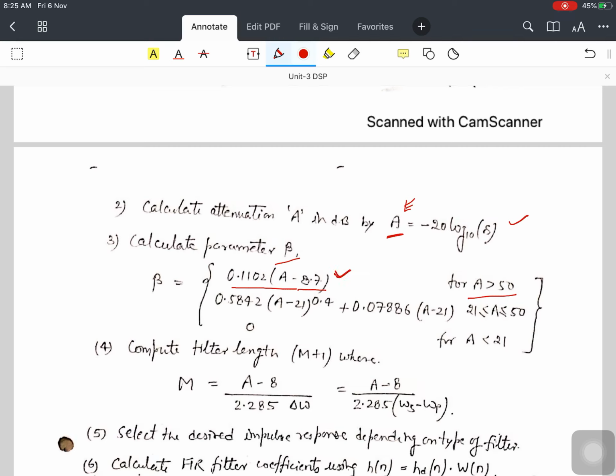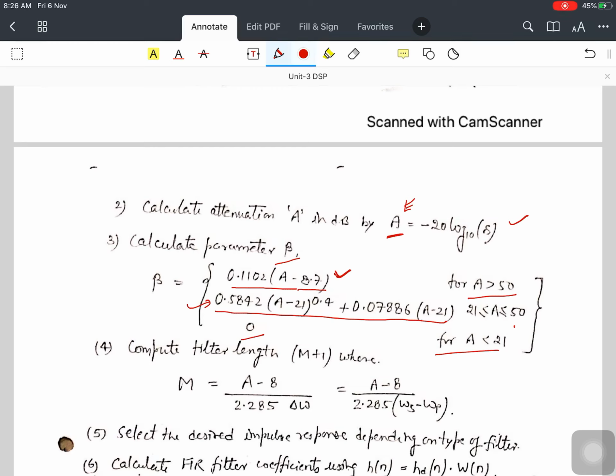If A lies between 21 and 50, then we have to consider this one: 0.5842 (A minus 21) to the power 0.4 plus 0.07886 (A minus 21), and for the rest of the values, beta is 0. With the help of this we can calculate the value of beta.